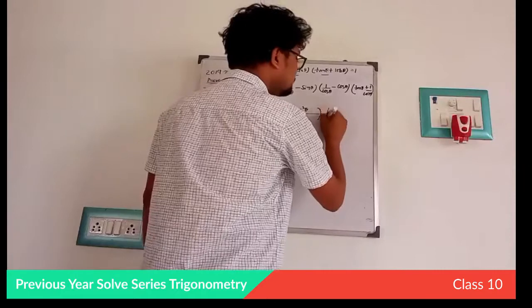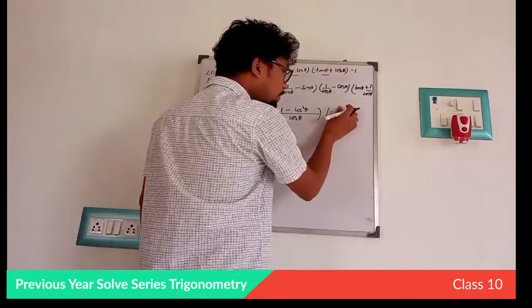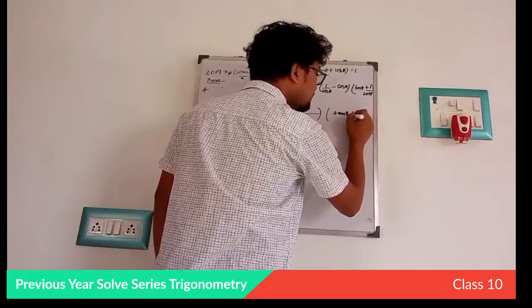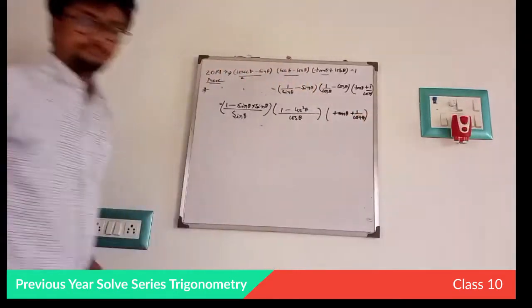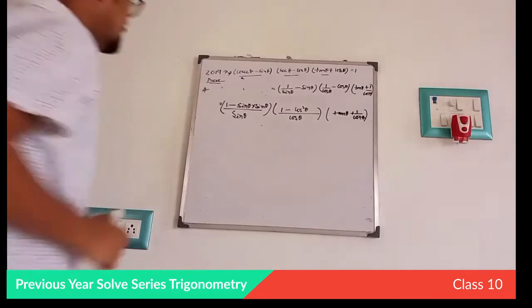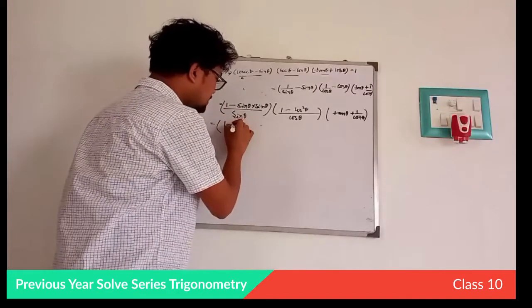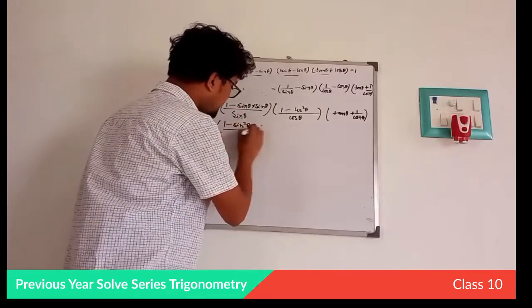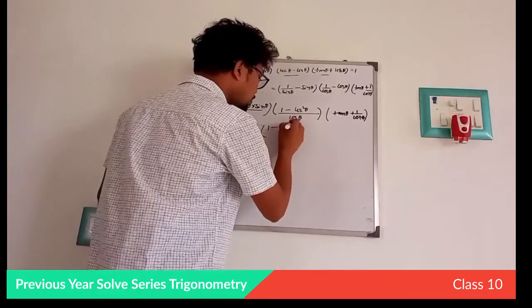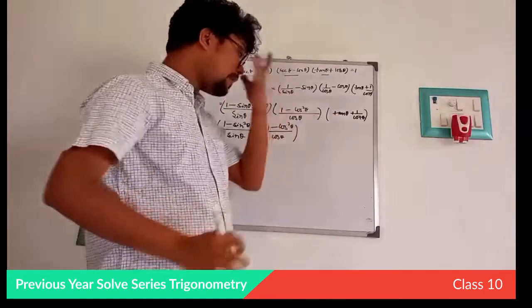And lastly tan theta plus 1 by cot theta. Now I get 1 minus sin square theta by sin theta, into 1 minus cos square theta by cos theta.